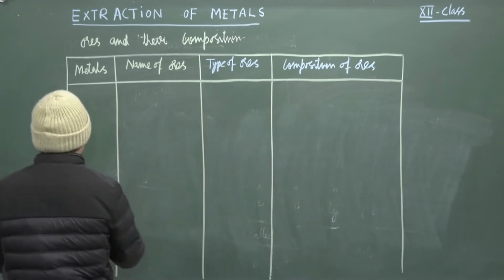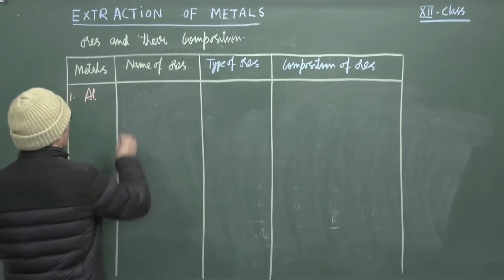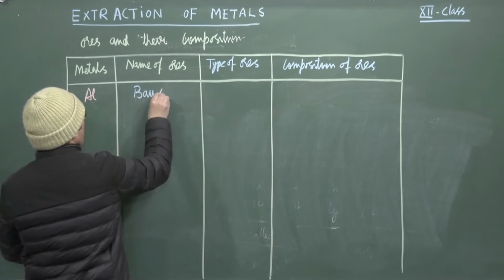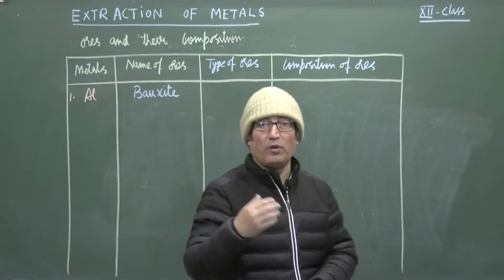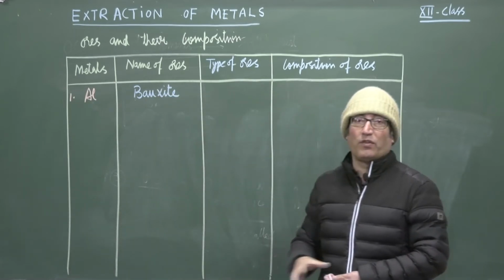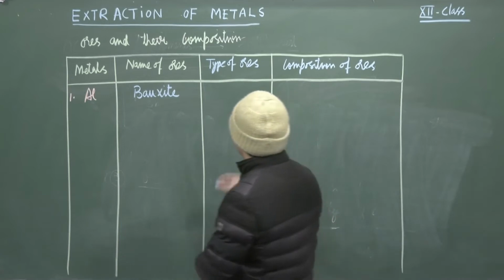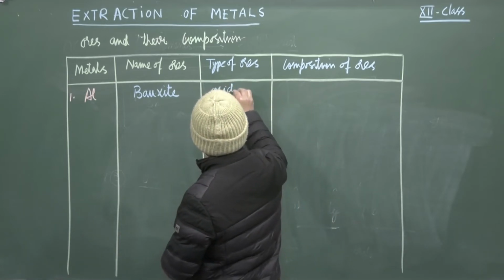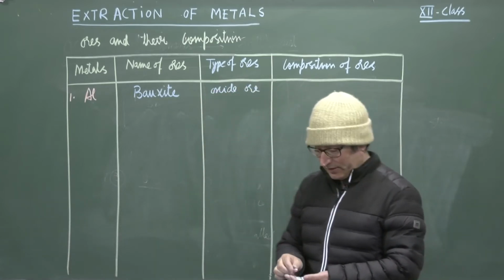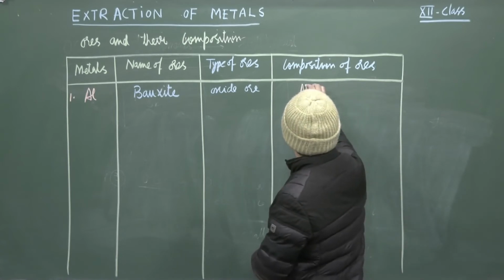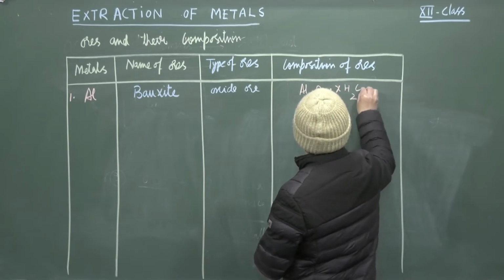So the first one is aluminium. The principal ore of aluminium is named bauxite ore. When we extract aluminium using the bauxite ore, different procedures will be used. The type of ore is an oxide ore. That means aluminium in this ore is present as an oxide, and the composition is aluminium oxide with X molecules of water of crystallization.